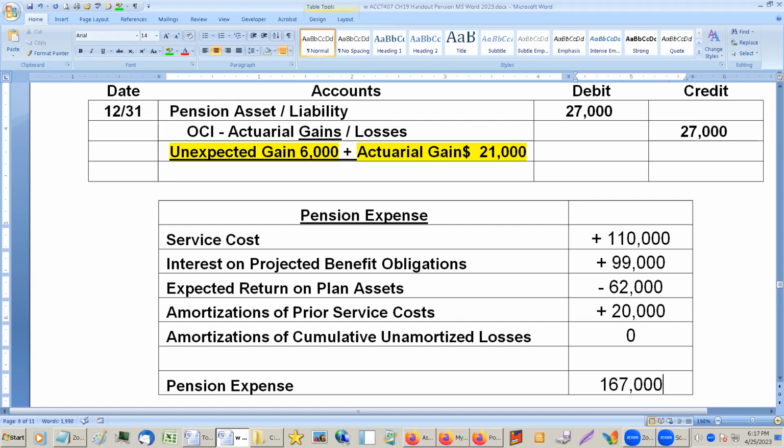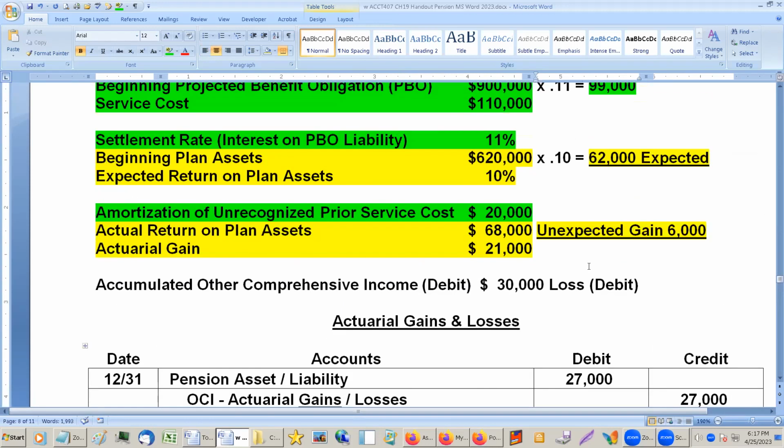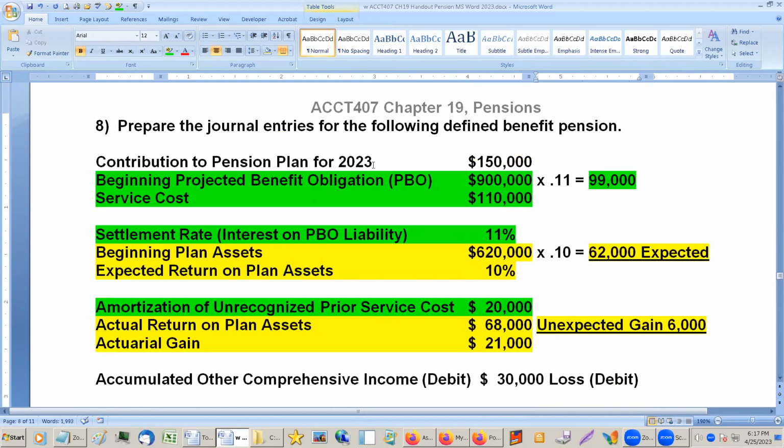That is right. Okay, so pension expense. Down here we have pension expense, $167,000. Cash we paid out. This is our cash.